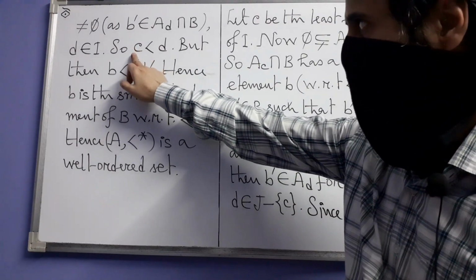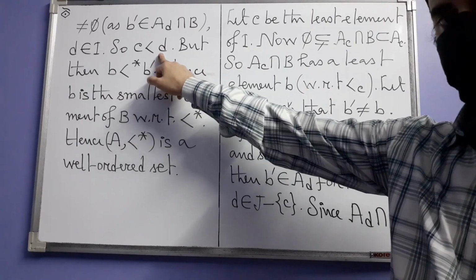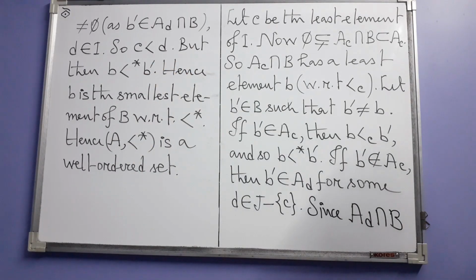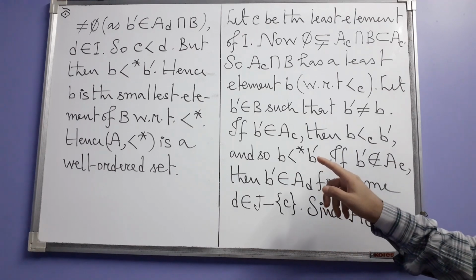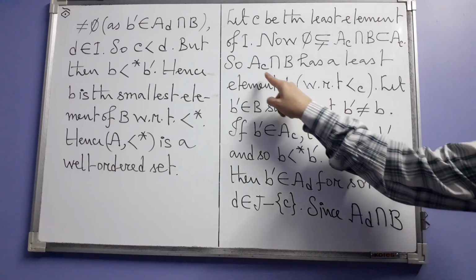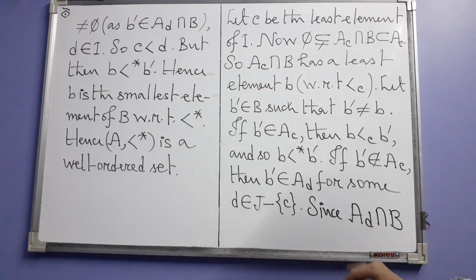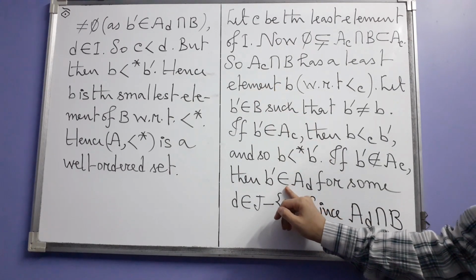The index C is less than the index D. And what else do we have? We have b in AC and b prime in AD.